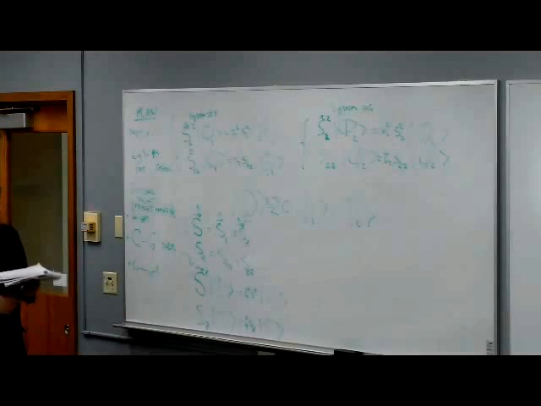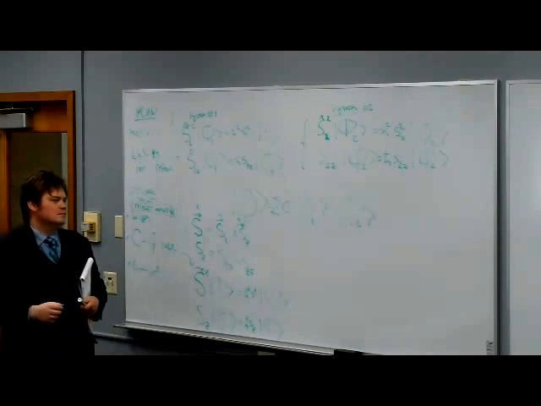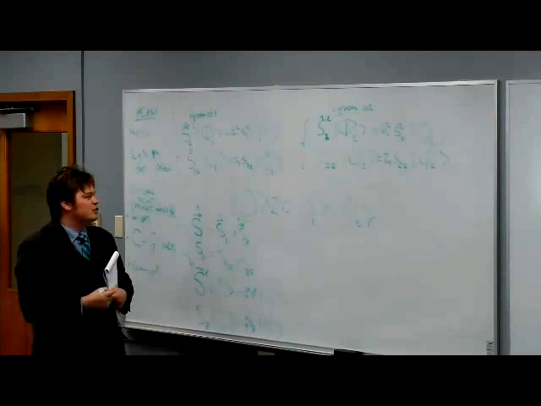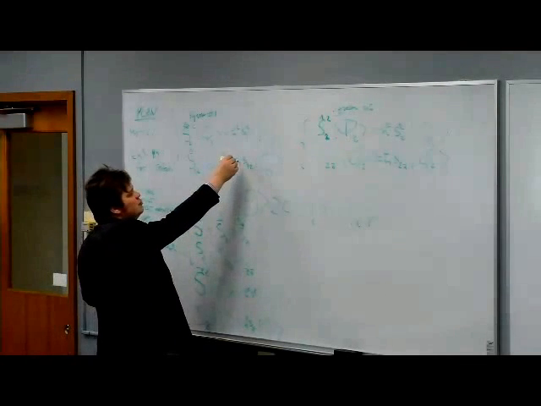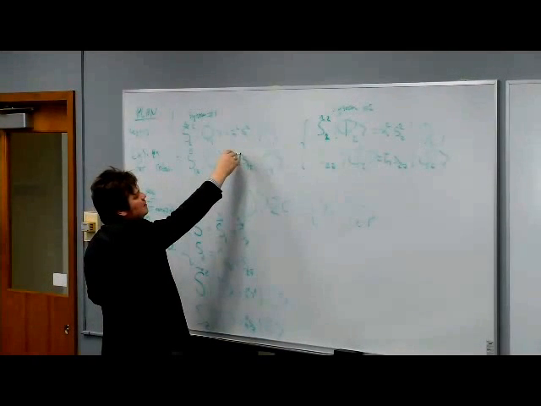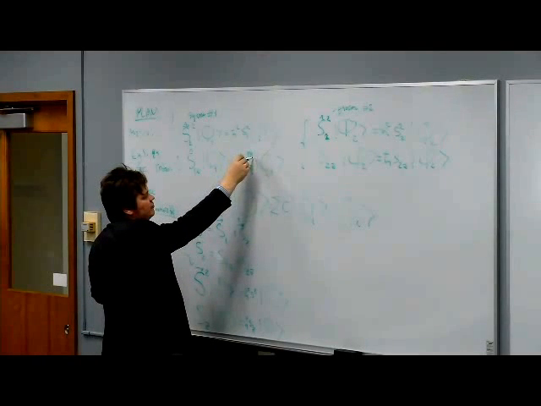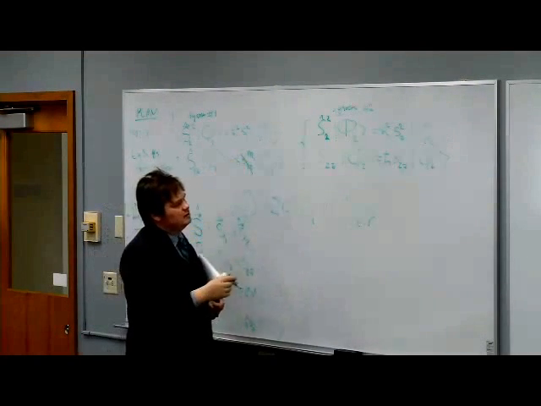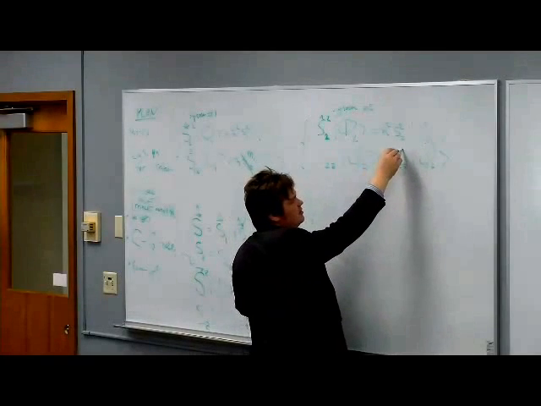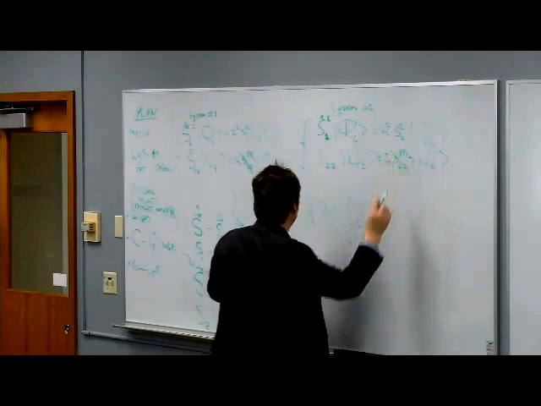So to match notations between different textbooks, we can use the letter m instead of s sub z for magnetic quantum number, because it is the same.